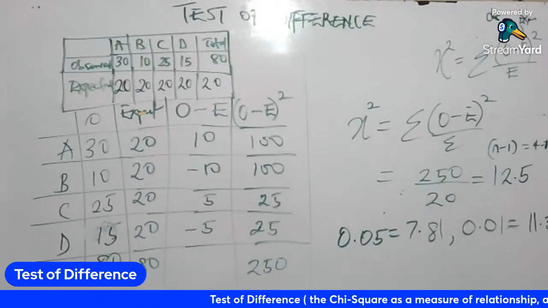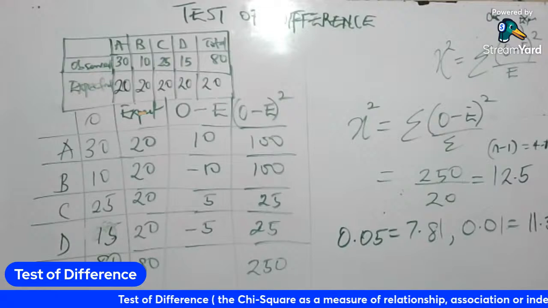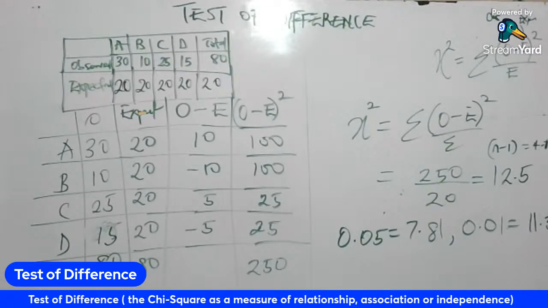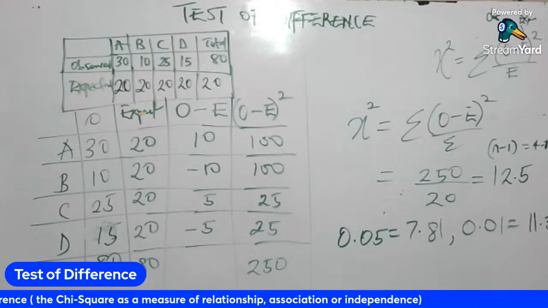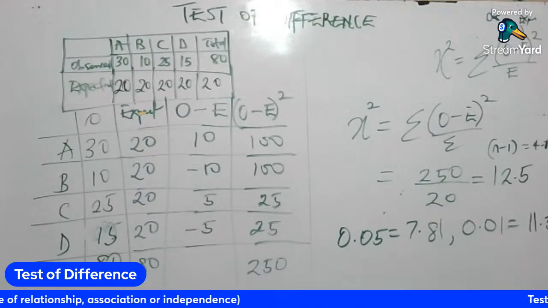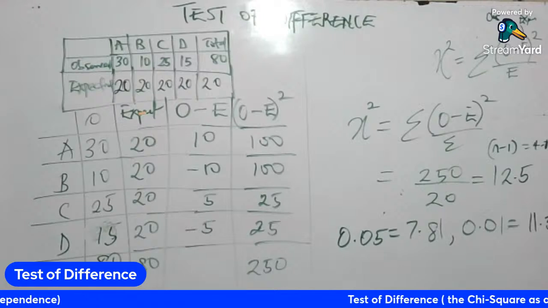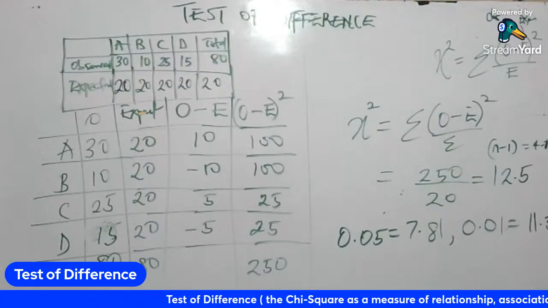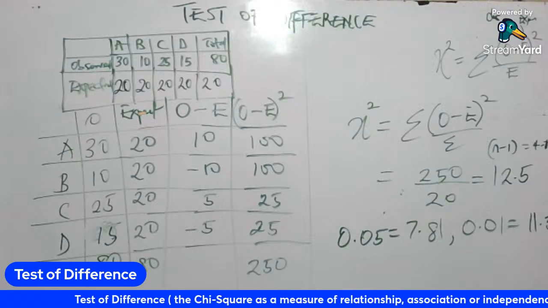So since this is greater, we are going to reject the null hypothesis and go for the alternative hypothesis. That means some of these brands are more attractive than others. Of course, what we set at the initial stage is that there is no difference between them.